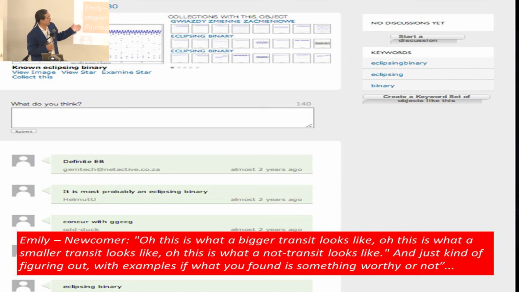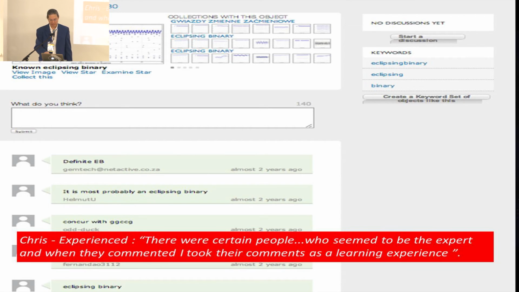And I just kind of figured it out with the examples, whether what you found is something worthy or not." So she's basically pointing to the fact that these discussion comments that people have posted help her to see how you might interpret one of these images that you're looking at, which otherwise are basically just dots on the screen.